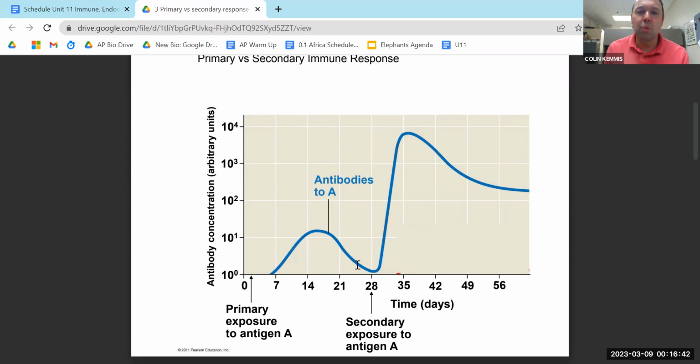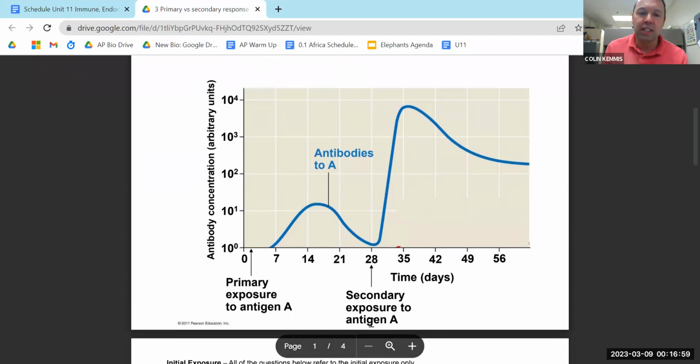On the back end here is when the memory cells are made. So you will have some memory cells made with B cells and some memory cells made with the T cells. And so then next time you get exposed to this disease, this antigen, they call that a secondary exposure. So here we are on day, I don't know, day 29 or 30.